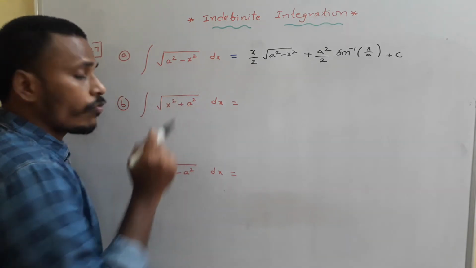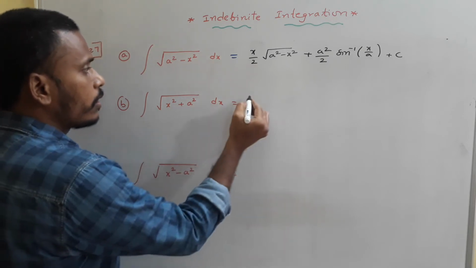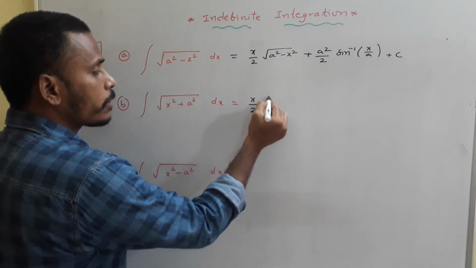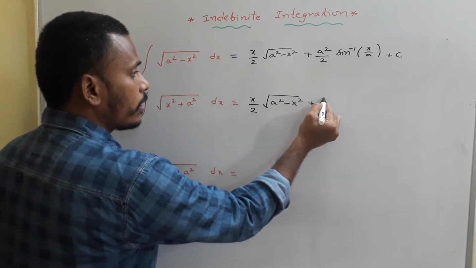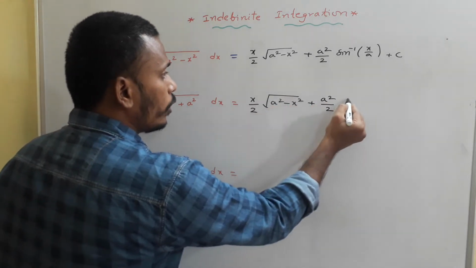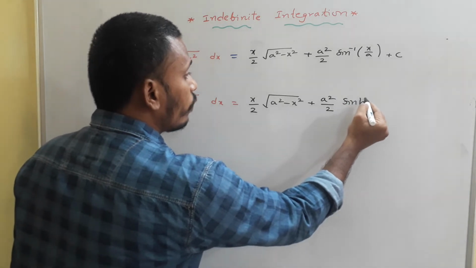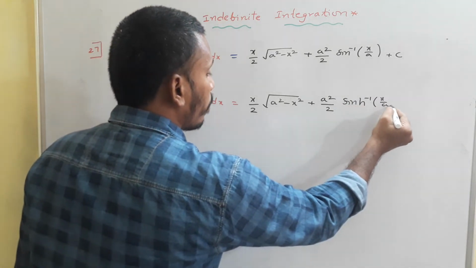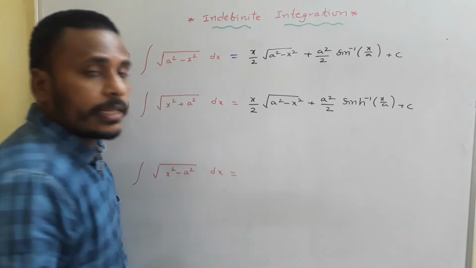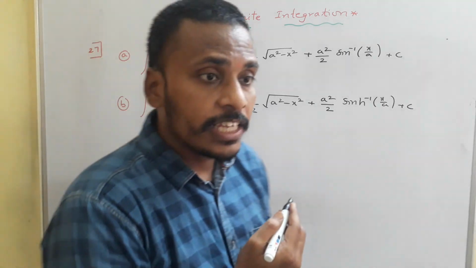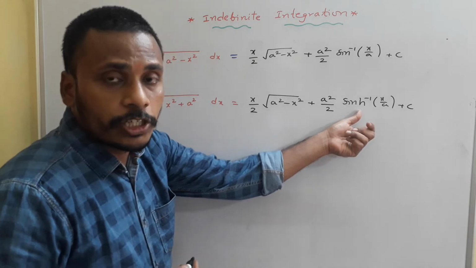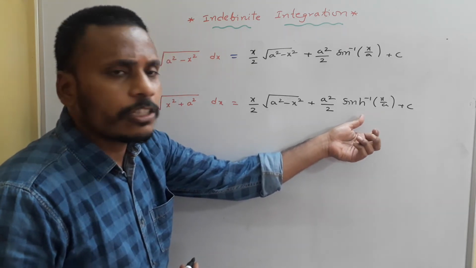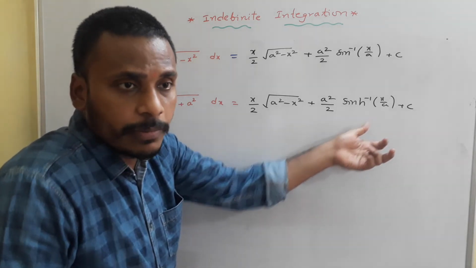Integral root of x square plus a square dx. This is nothing but in the same way x by 2 into root of x square plus a square plus a square by 2 into sine h inverse of x by a plus c. And as I mentioned to you previously, sine h inverse is not required for JEE Main and Advanced.